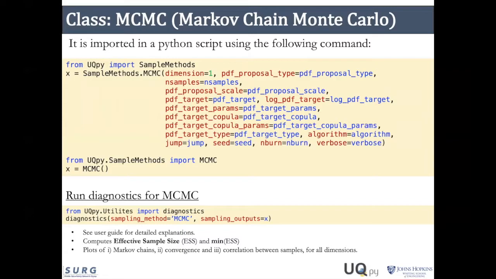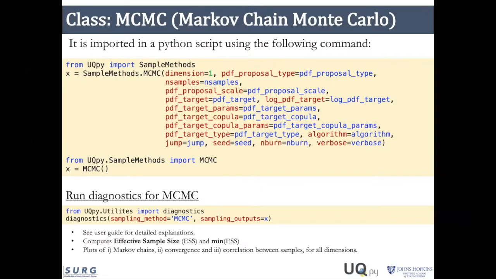The other thing I wanted to mention is that we have a diagnostics module that you can run for MCMC. As I've shown, depending on, for example, your scale parameter, you may or may not end up with a good set of samples at the end of your MCMC. The accuracy of your estimation depends on a certain number of parameters.